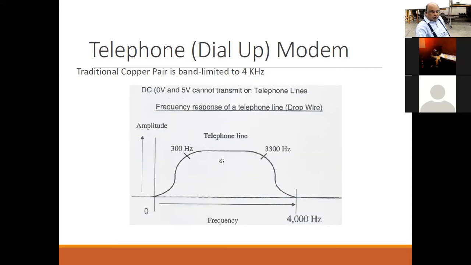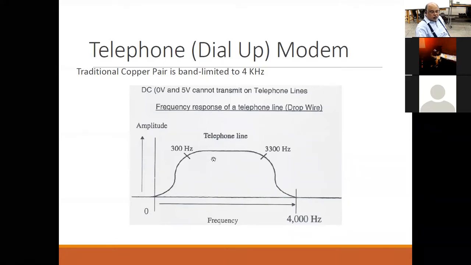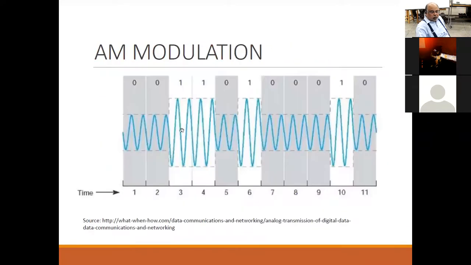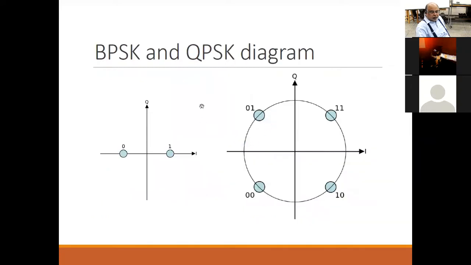Otherwise, the maximum you could send on a 4 kilohertz channel was 2 kilobits per second. And this is where we broke this limit by using this.